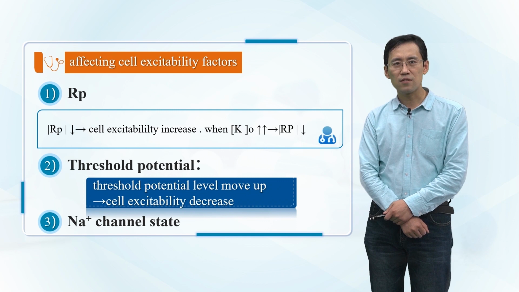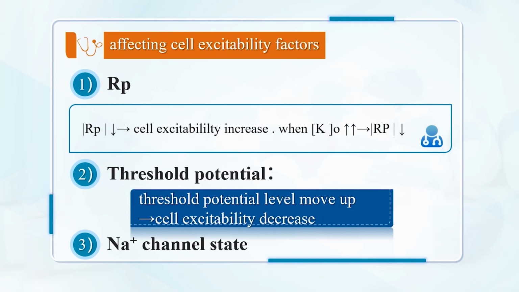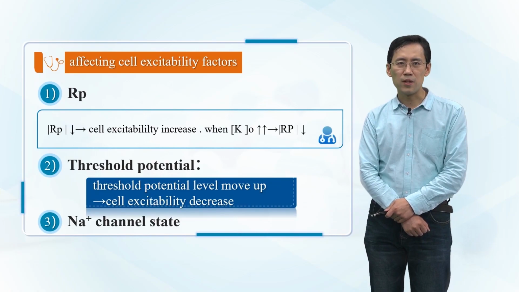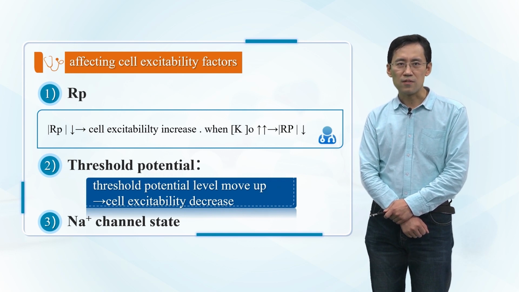Let's see the factors that affect cell excitability. First, the resting potential. The absolute value of the resting potential is the most important factor.